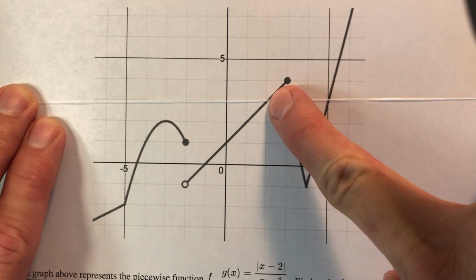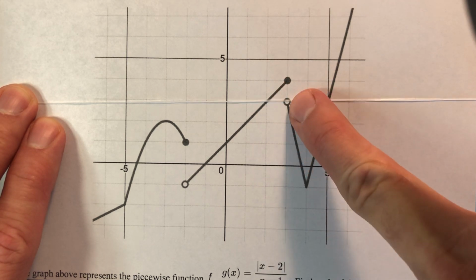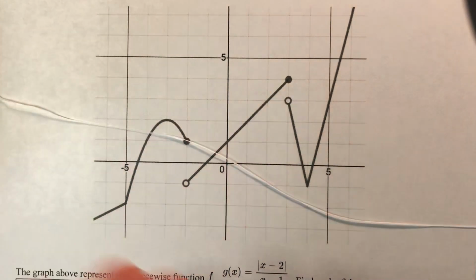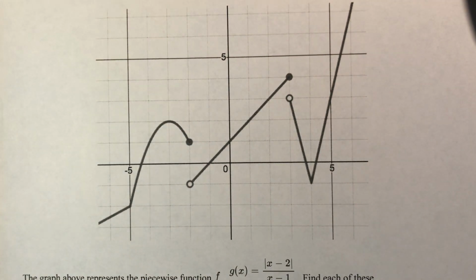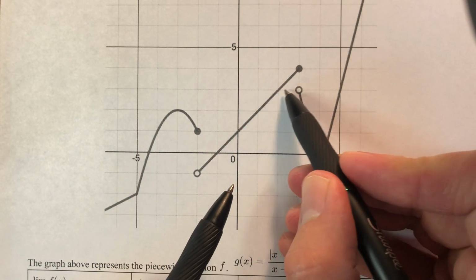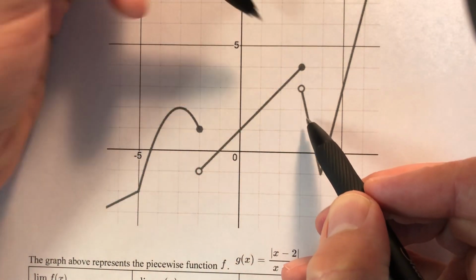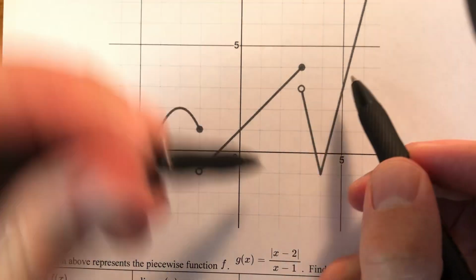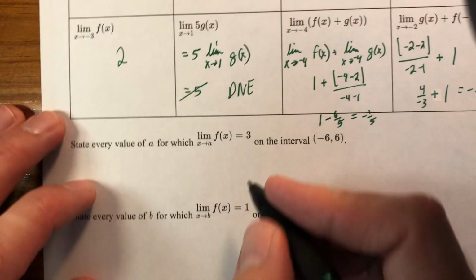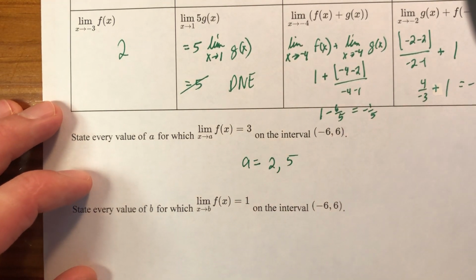So the answer is an x value of 2, not an x value of 3, and an x value of 5. All right, let me move the floss out of the way and show you again. I want a y value of 3. Yes. No. Yes. Final answers are a equals 2 and 5.